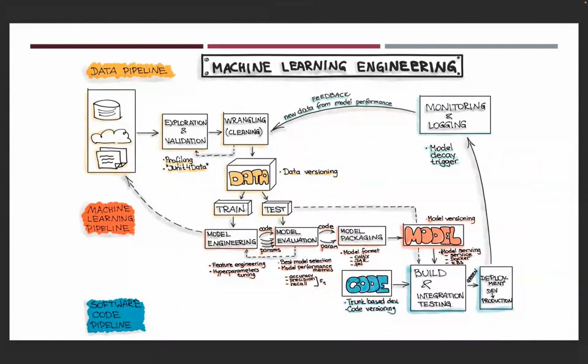Now, this picture is the typical workflow of a machine learning environment in development enterprises. As you can see, the flow starts from the data pipeline, and it is the responsibility of the data scientist to take sample data from the data repository and put it in a system development environment.